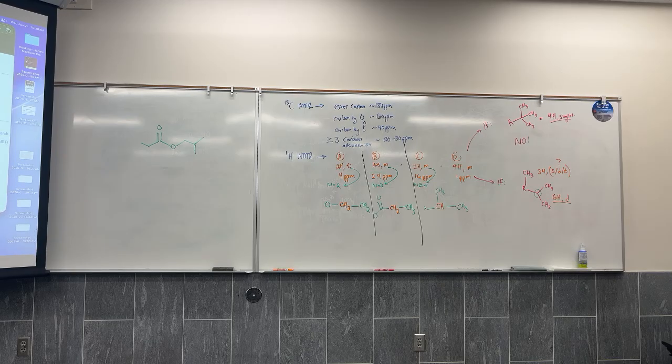Let's look at the proton NMR. Hey, you know what? That looks a lot like what we just predicted, but it doesn't look like what we had. It's very close, but it is very different.